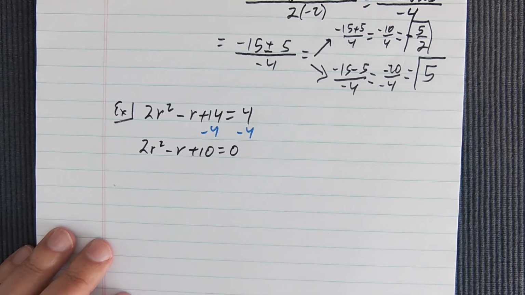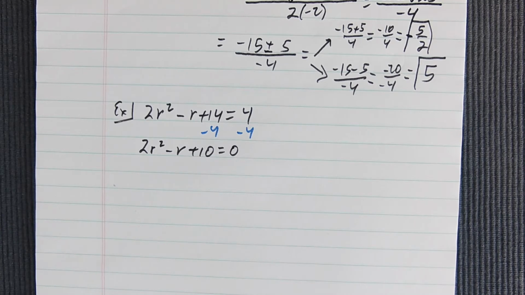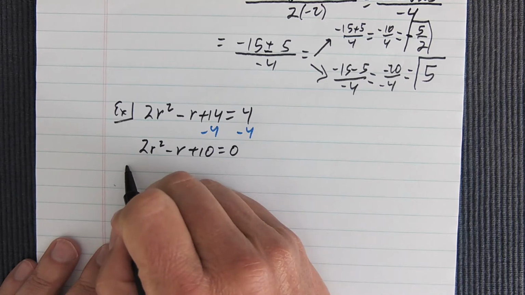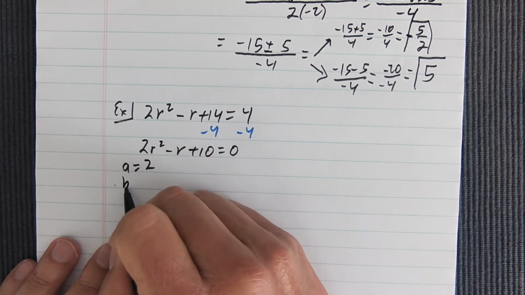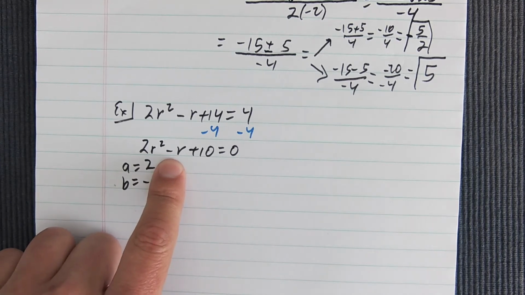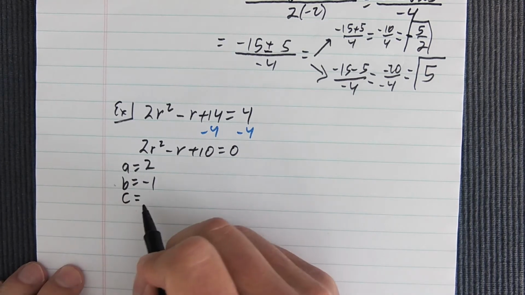No, it's not. All right. So in this case, A is 2. B is -1, right? -1 is in front of that R. And C is 10.